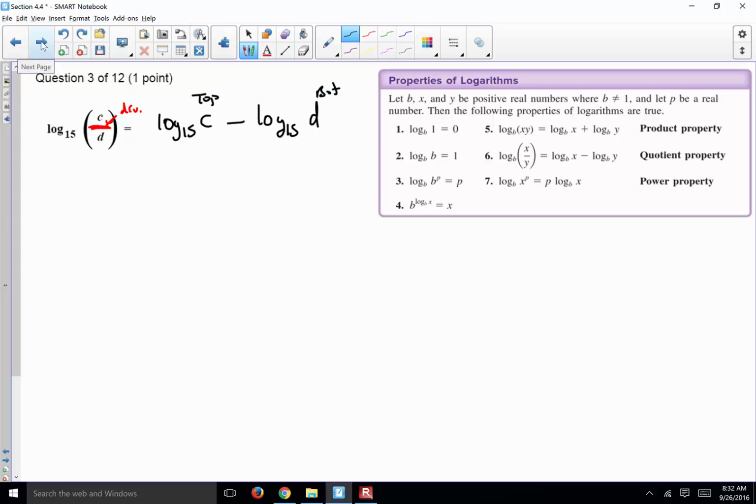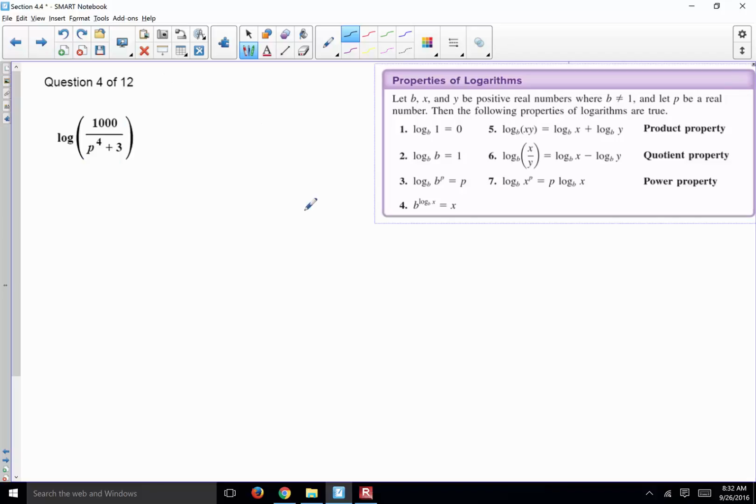Okay? I'm not even checking this. Oh, can I reduce these though? C and D? No, they're not numbers, they're not reducible. Alright, here. Just identify the operations among terms here and do accordingly.